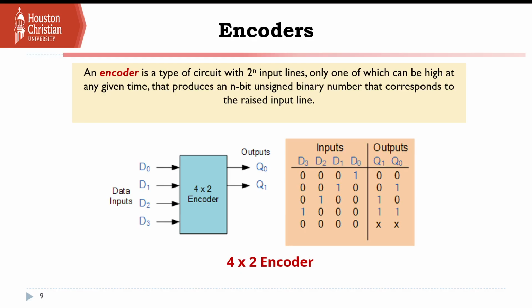When everything is 0, it doesn't work, so you ignore it. When you have 0, 0, 0, 1, that gives you not Q1 and not Q0. You could look at the expressions for this. In an encoder, D0 does not matter.